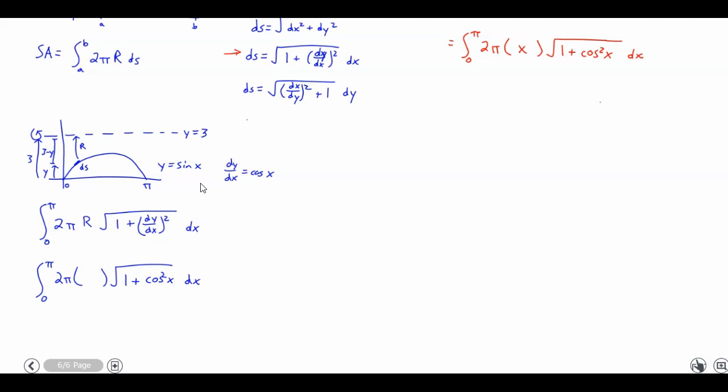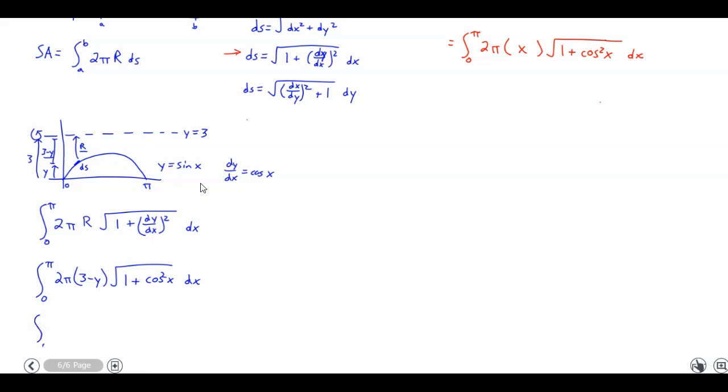So that's what I'm looking at right there, is this r distance that I'm going up is the same as this 3 minus y. So those two are identical. So right there in that parenthesis, I'll put 3 minus, but I don't want y, right? I want stuff in terms of x. So rather than putting in a y, I'll go ahead and replace that y with my definition, which is sine x.